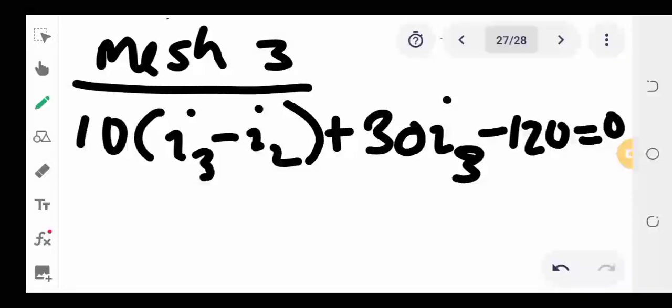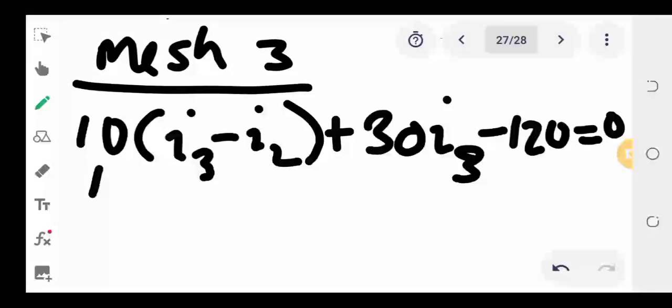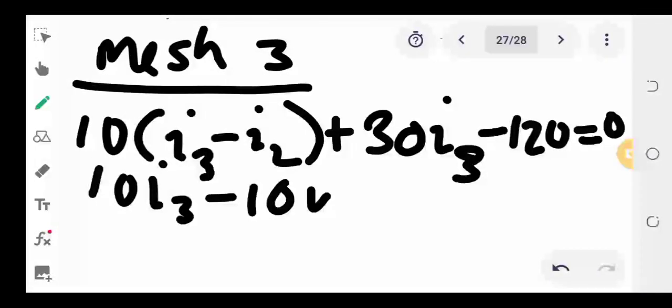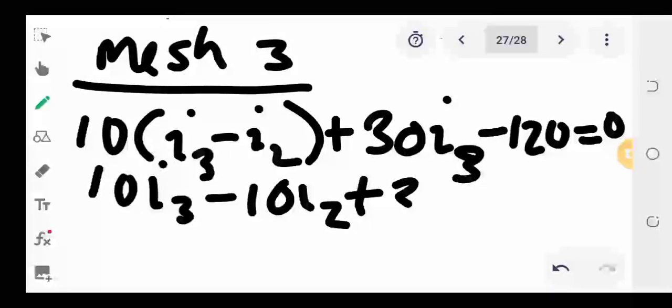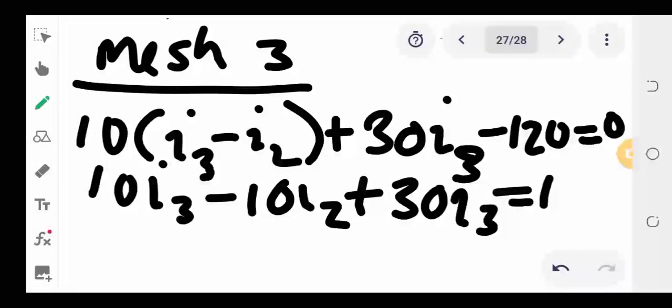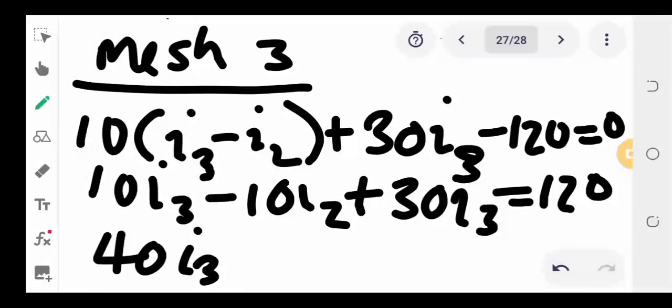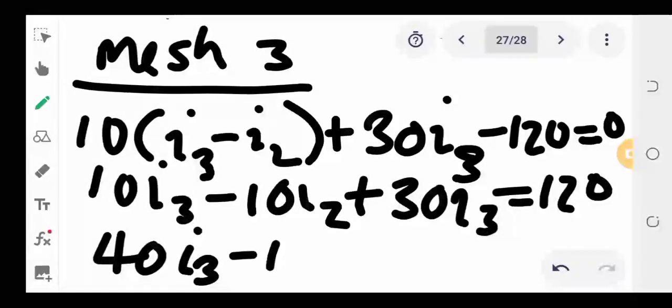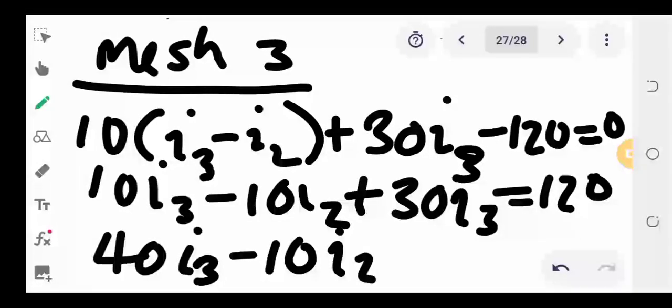Reducing this, we have 10 I3 minus 10 I2 plus 30 I3 equals 120. Collecting like terms, we have 40 I3 minus 10 I2. This must give you 120.